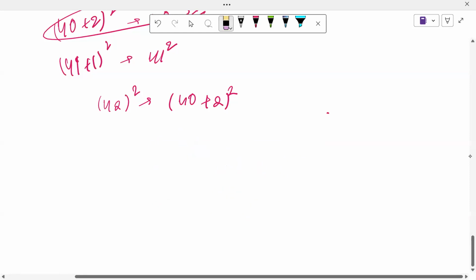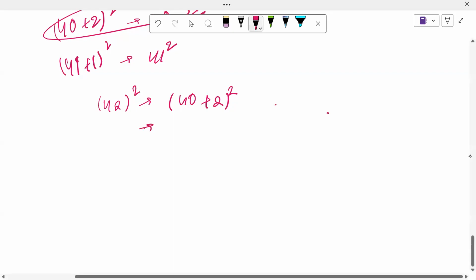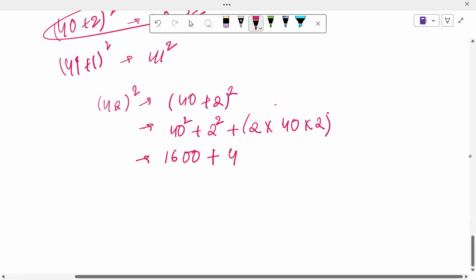Okay, so 42 can be written as 40 plus 2 whole square. Now it comes out to be 40 square plus 2 square plus 2 into 40 into 2. Okay, what is 40 square? It's 1600. Okay, what is 2 square? It's 4.